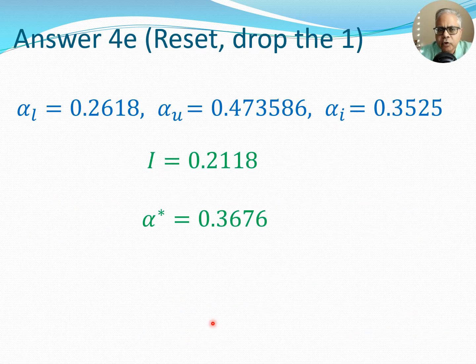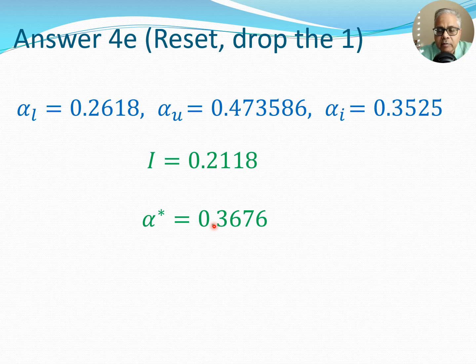So now what we can do is that we can clearly drop that one subscript which we were carrying along, and therefore we can now say alpha L is 0.2618, alpha U is 0.4735, and alpha I is 0.3525. Now you see that this becomes like a new round of this method, and you can proceed further. You have I is 0.2118 and alpha star is 0.3676.